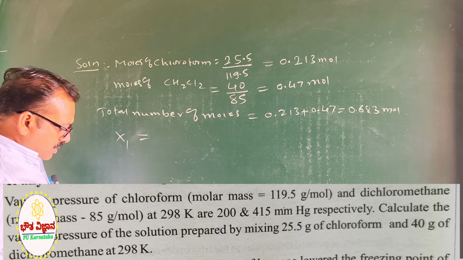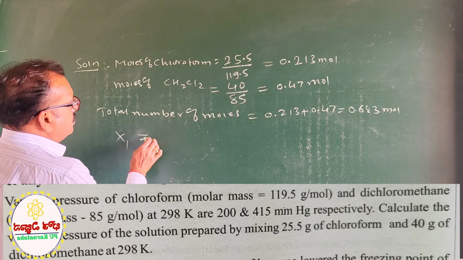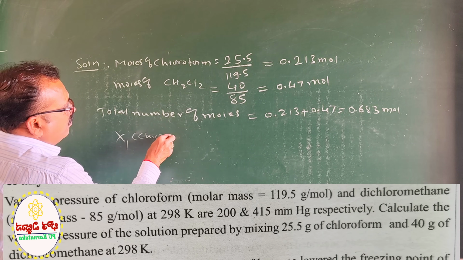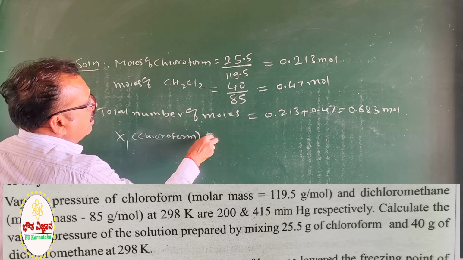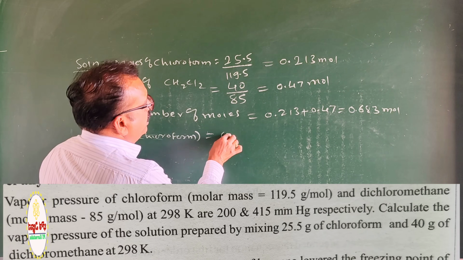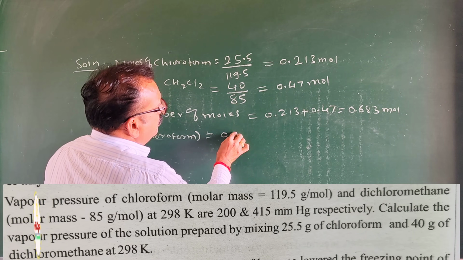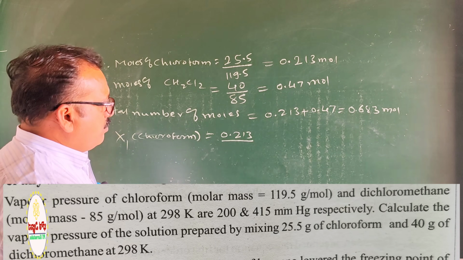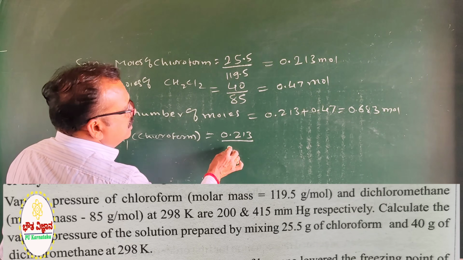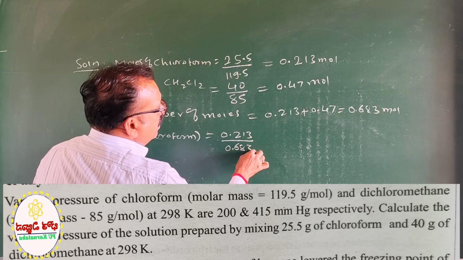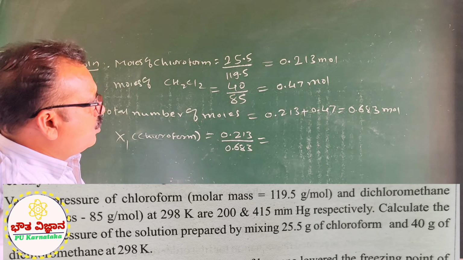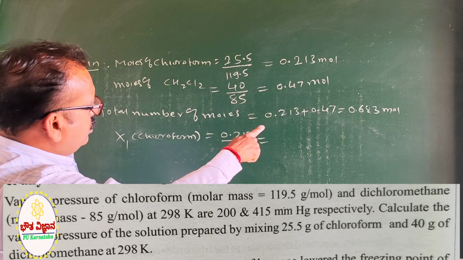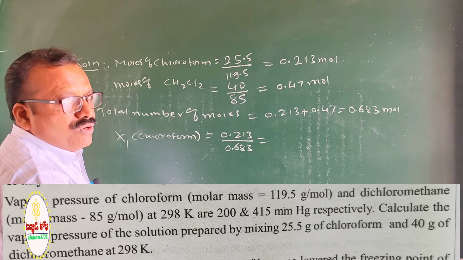So here x1 is the mole fraction of chloroform and x2 is that of dichloromethane. Mole fraction x1, chloroform, equal to moles of chloroform 0.213 divided by total number of moles, that is 0.683. That is, moles of chloroform on top and on the bottom the total number of moles of chloroform and dichloromethane.